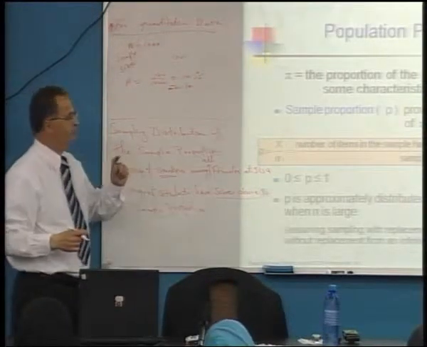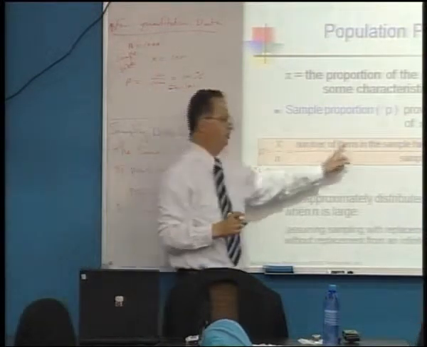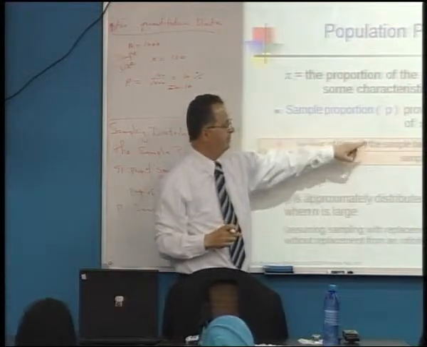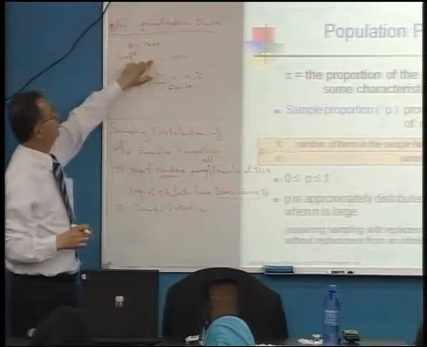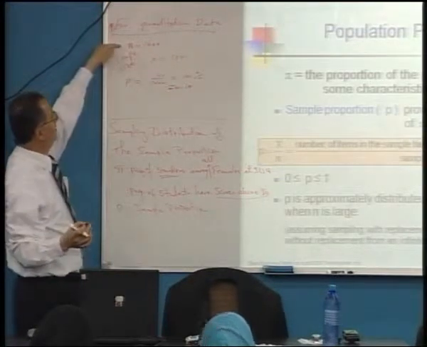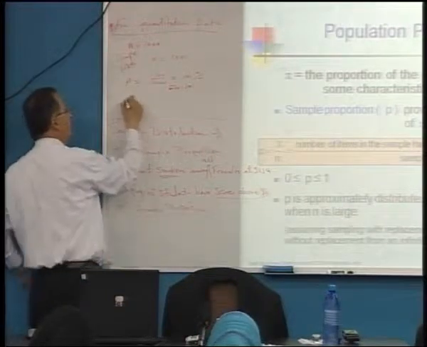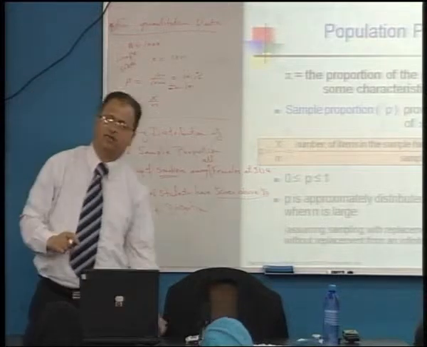Let's assume that X denotes the number of items in the sample having the characteristic of interest. In this case, smokers. X is the number of smokers in your sample, so X equals 100. n is 1,000. So the proportion is always equal to X divided by n.